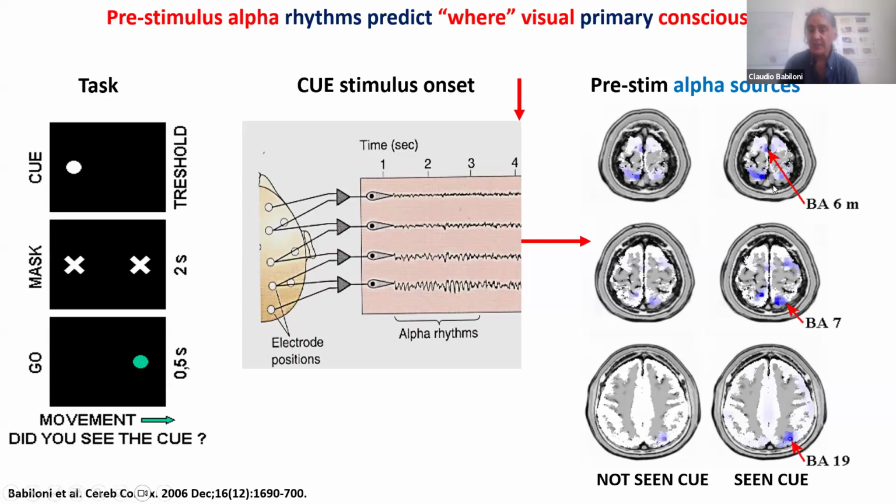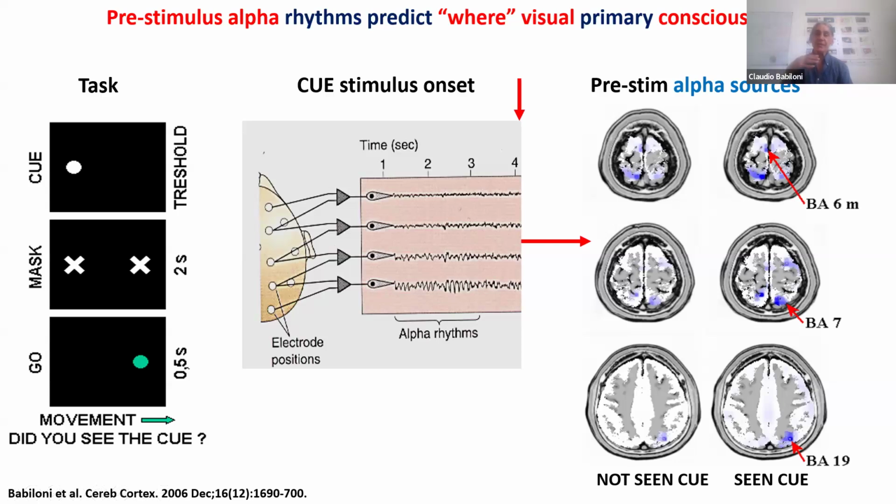And we see that the seeing cue stimuli were related to higher source activity in the dorsal stream of visual systems, in the occipital, posterior parietal dorsally, and in the dorsal premotor areas.